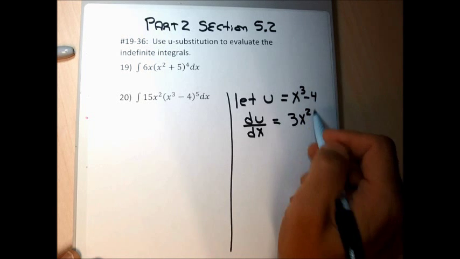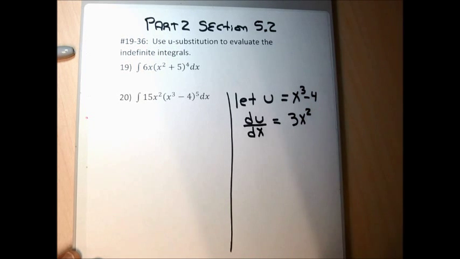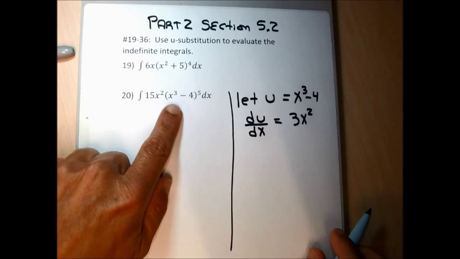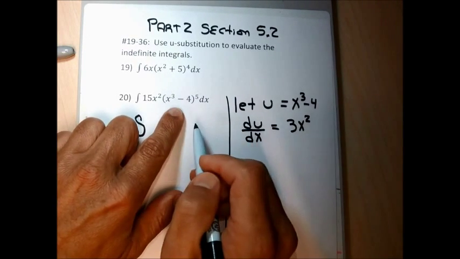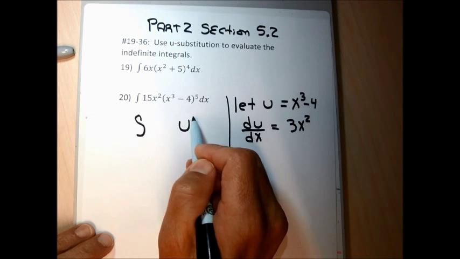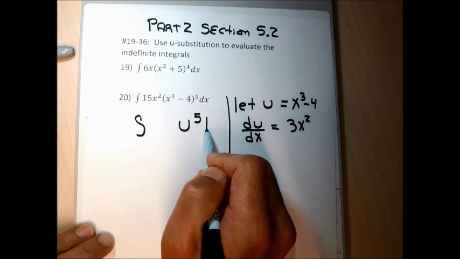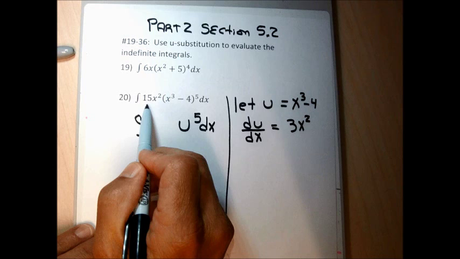The derivative of minus 4 is 0. If I look at this and I start doing my substituting, easy enough. The x cubed minus 4 I can change to a u. The dx I can leave alone.